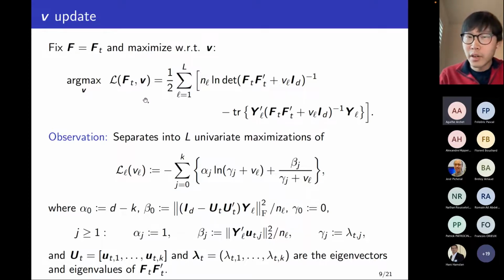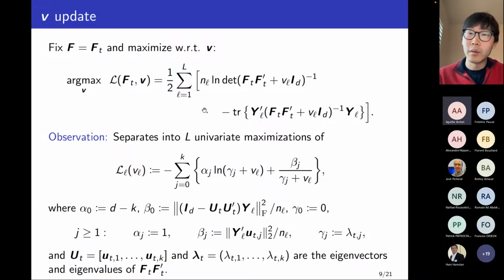Now, the thing you might observe is that this actually separates into L univariate maximizations of something that looks like this. So the first thing to note is that in this sum over L, each of the terms is totally independent, right? V1 only appears in the first term, V2 only appears in the second term, and so on. So you can consider one block at a time now.